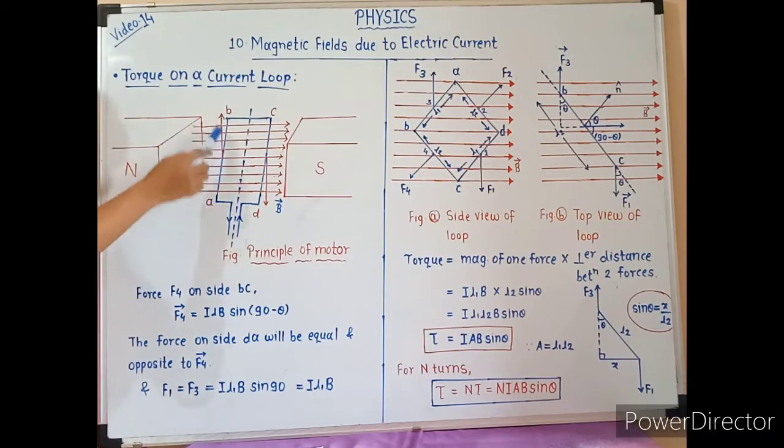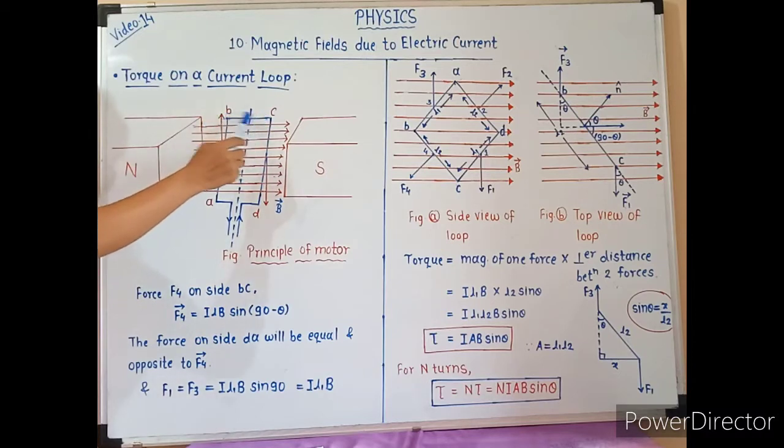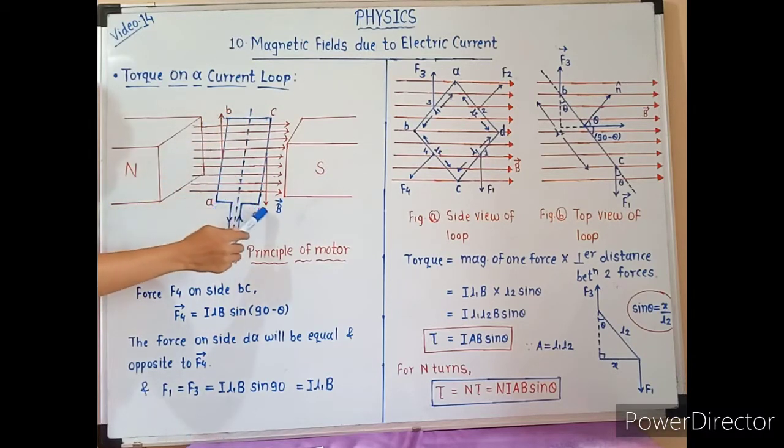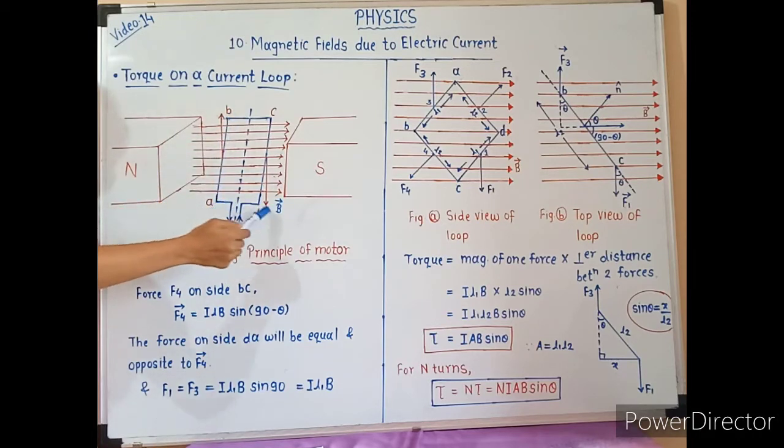So there is no force on the side BC and AD because these two sides are in the direction of magnetic field, but side AB and side CD are perpendicular to magnetic field.